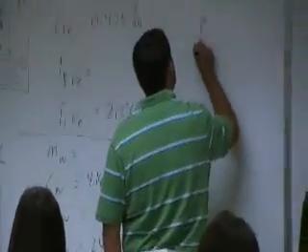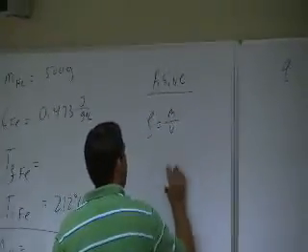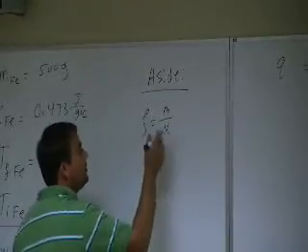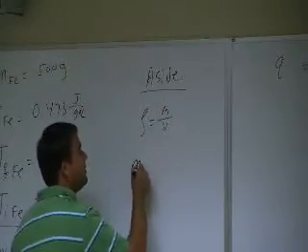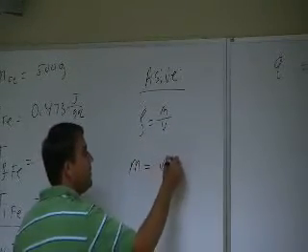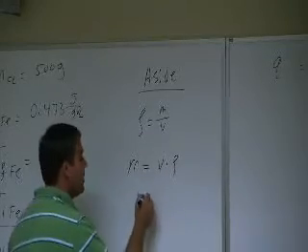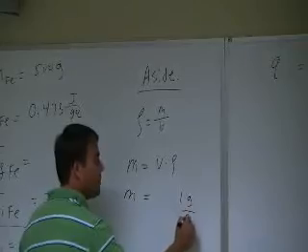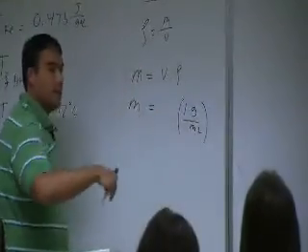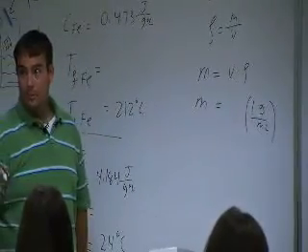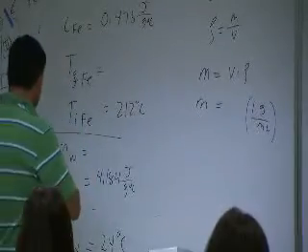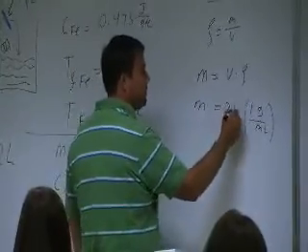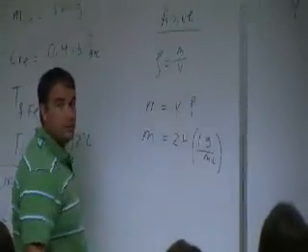Here's what we know. We know that density equals mass divided by volume, right? Now, if we rearrange this equation, I know that the mass of water equals volume times density. Well, what is the density of water? 1 gram per milliliter in this classroom, all right? Well, this is 2 liters, so can we just put a 2 liters there and that'll cancel out?